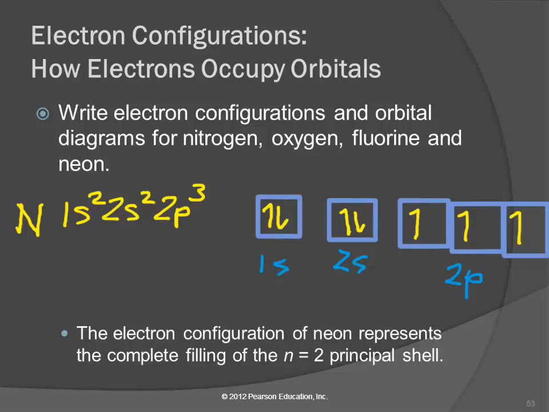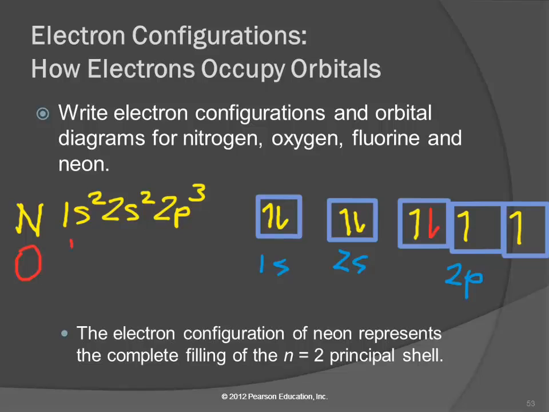What about oxygen? Yeah, oxygen has 1 more electron. So where's that electron going to go? It's going to go over here. All the seats on the bus have 1 person in them, so he has to sit by somebody.